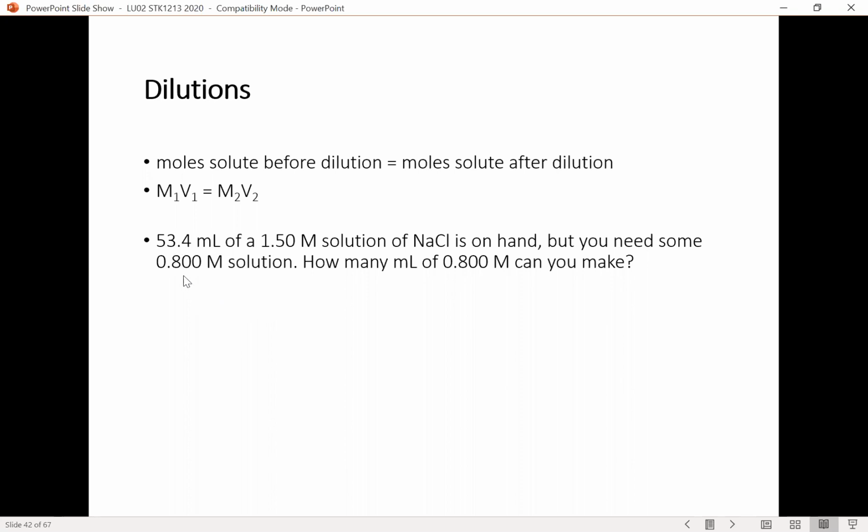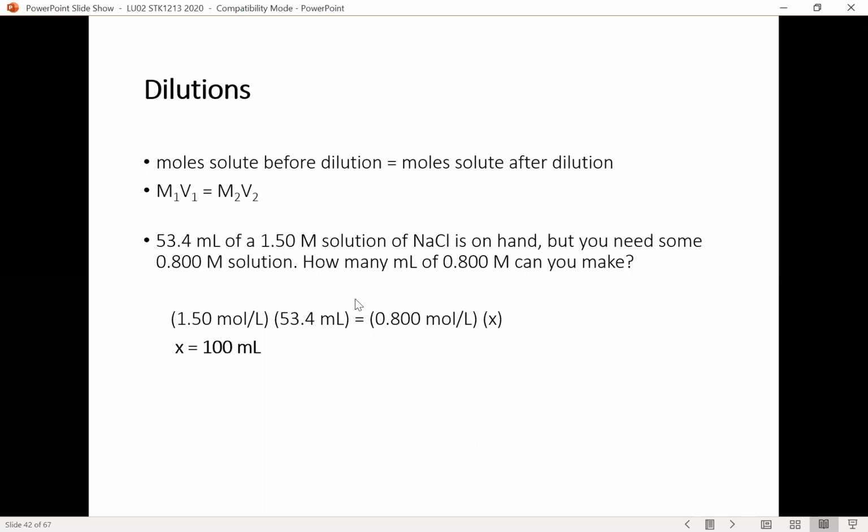We also already know that we want to make a 0.8 molar solution, which is M2. M2 is the concentration of the diluted or resulting solution. So we already have M1, V1, and M2.